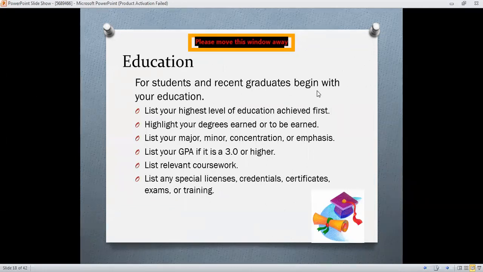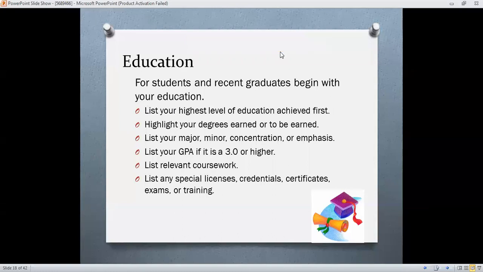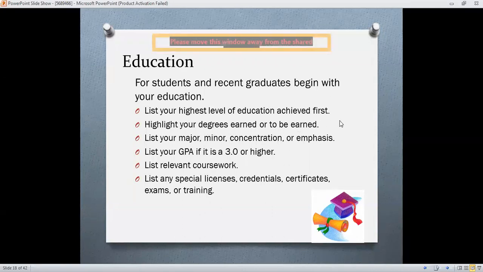Okay. Now education: for students and recent graduates, begin with your education, because you don't have any work experience. So list your highest level of education and achievements first. Highlight your degree earned or to be earned, which means you have completed your degree or you are pursuing your degree, in the final year of your degree.